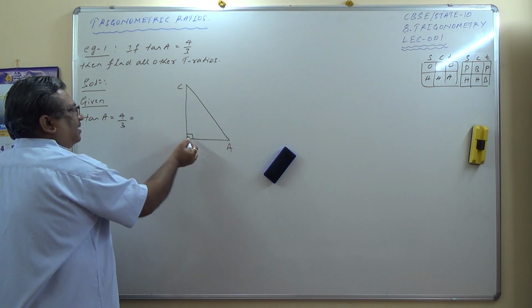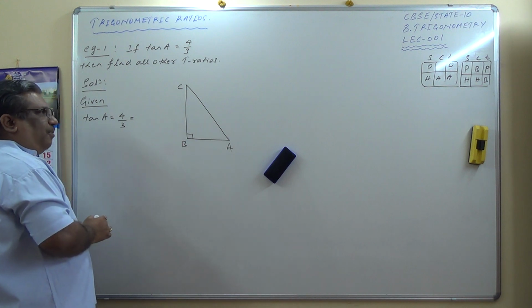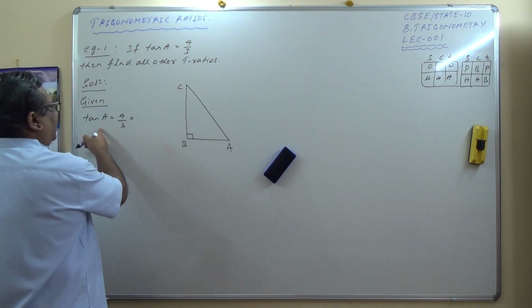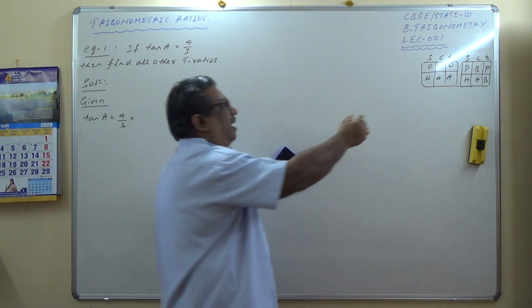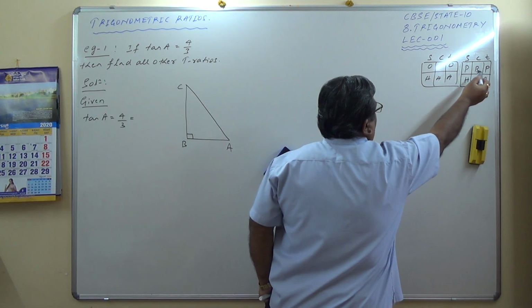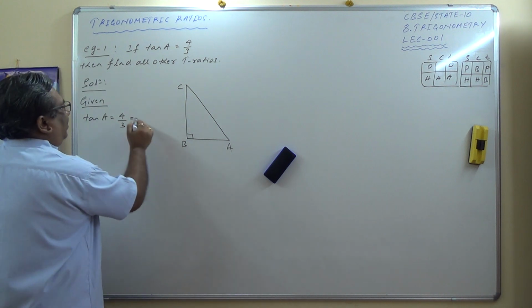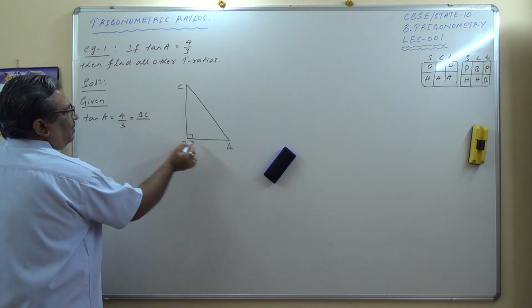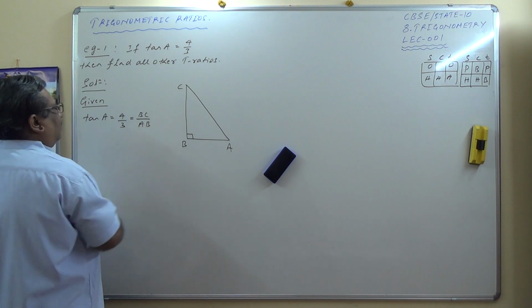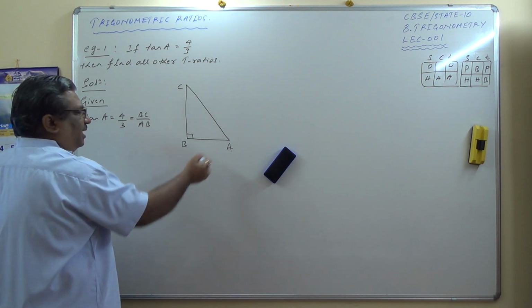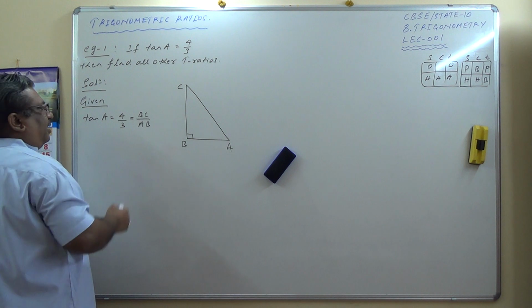Opposite to the reference angle is side BC, and therefore this is called the opposite side. Tan ratio is opposite side by adjacent side, or perpendicular by base, and therefore tan A equals BC, opposite side, divided by AB, adjacent side. This is BC by AB.